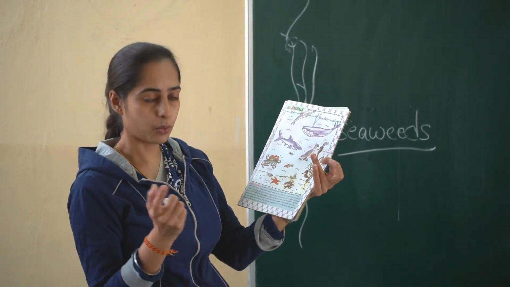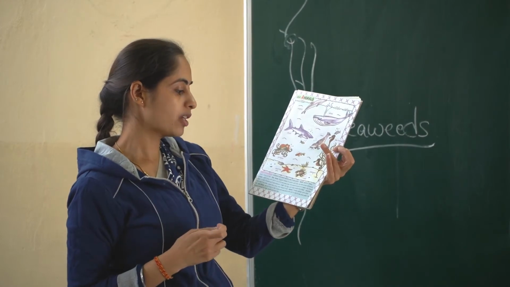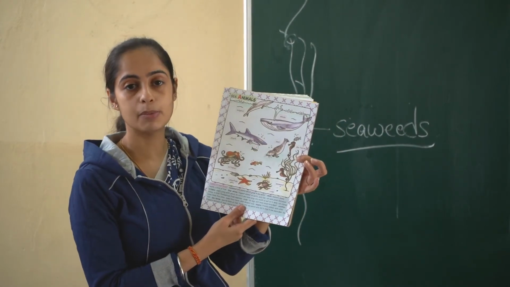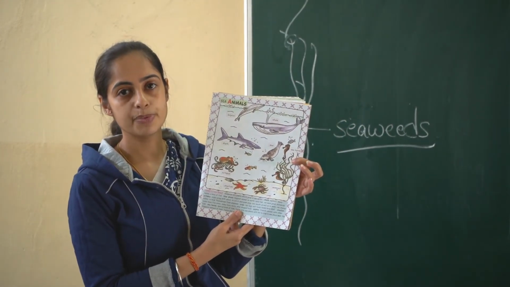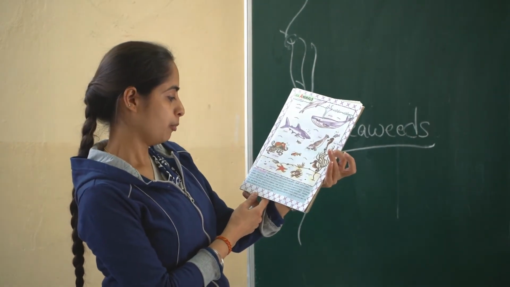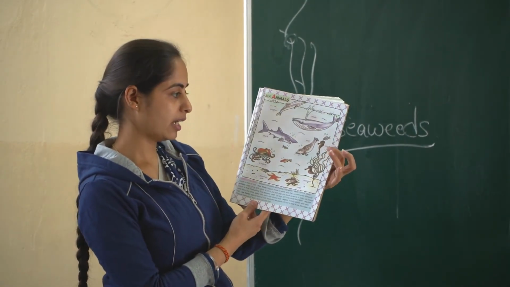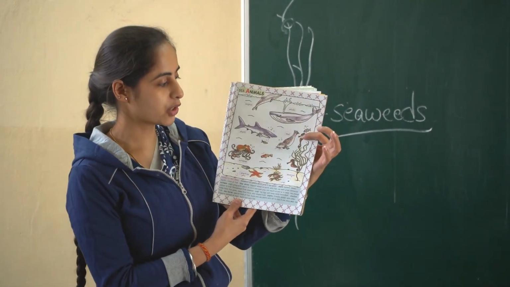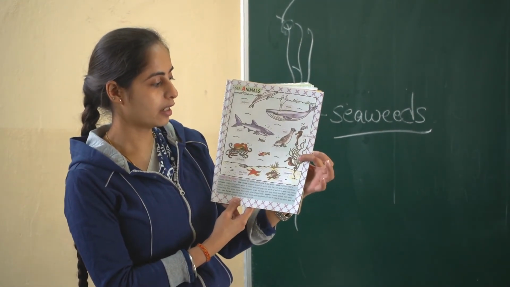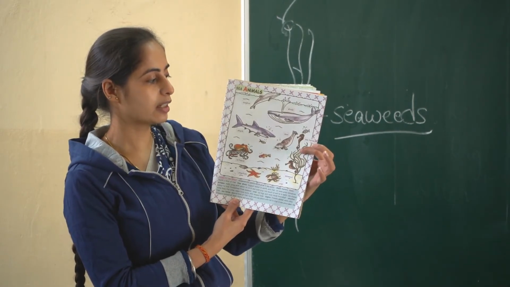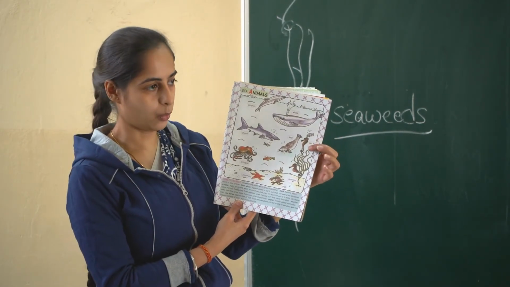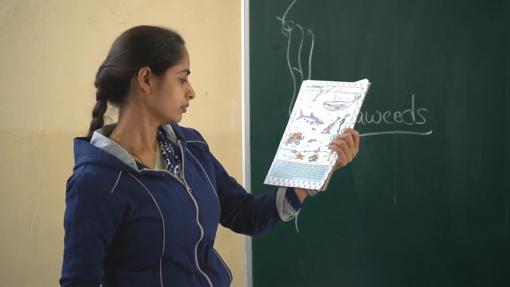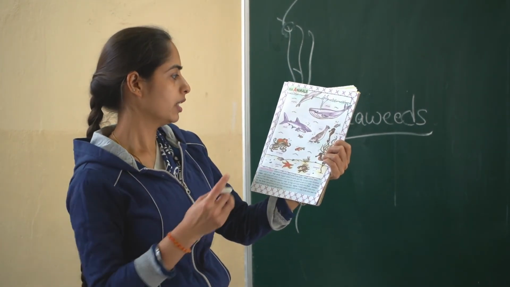Because it helps them to keep their body straight. It is also known as a special kind of fish, and it catches the plants so that it can stay straight in the seawater.